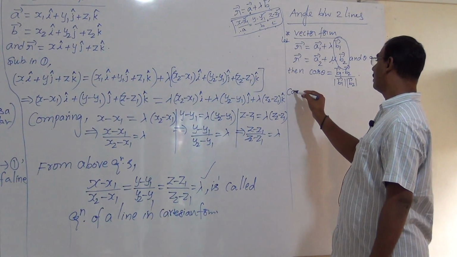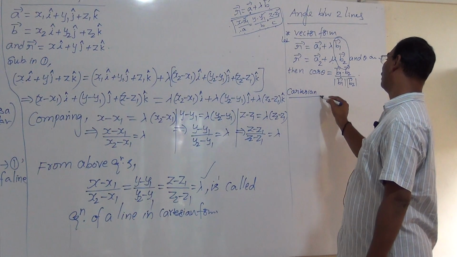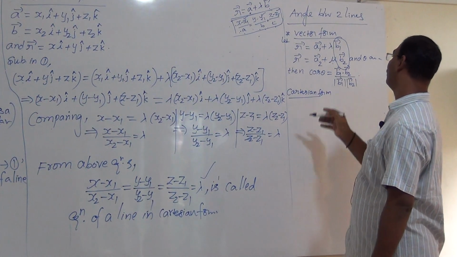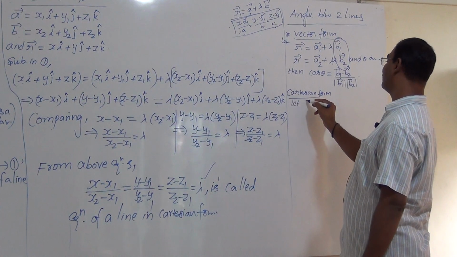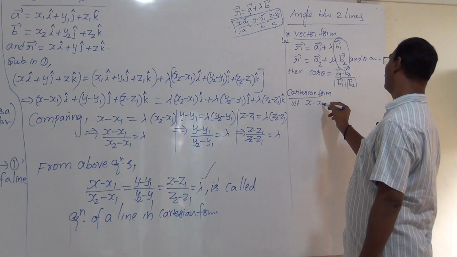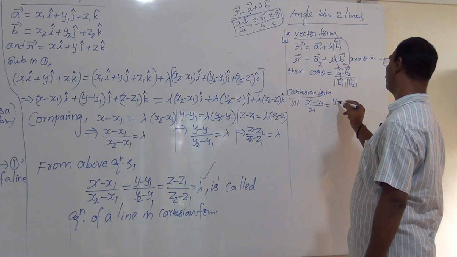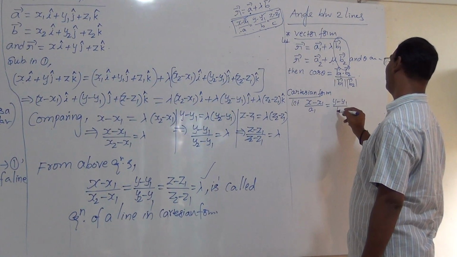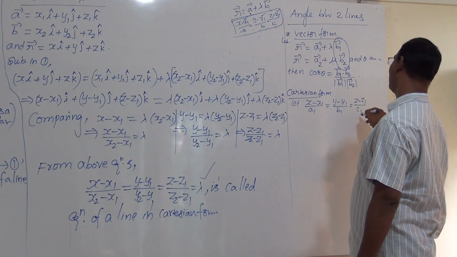Similarly, the Cartesian form. What is the line equation in Cartesian form? Take the two lines in standard form: x minus x1 by a1 is equal to y minus y1 by b1 is equal to z minus z1 by c1.